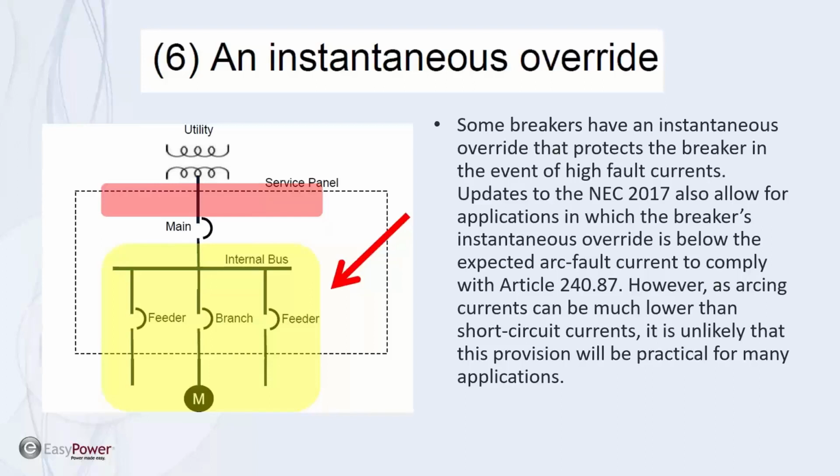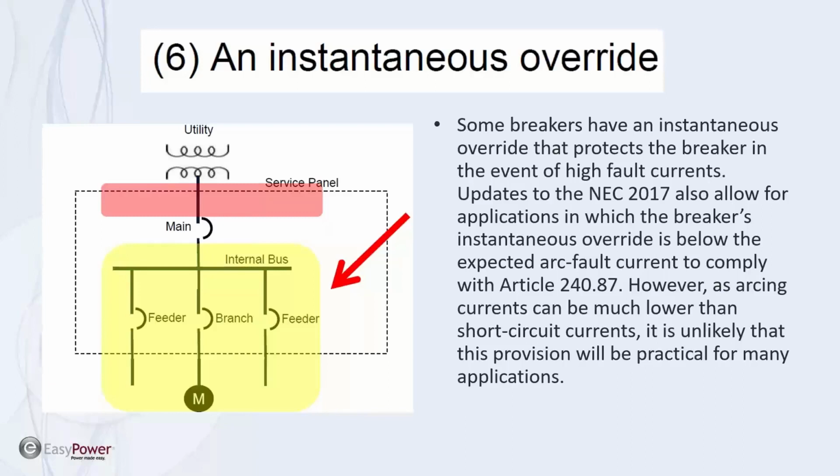So the question is, how do we achieve selectivity with thermomagnetic breakers? It's not easy. Again, some of this is the coordination. If there's a tested coordination between breakers with instantaneous settings that the manufacturer can support, that can be included in the design.